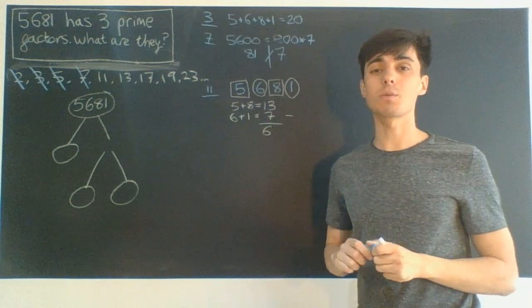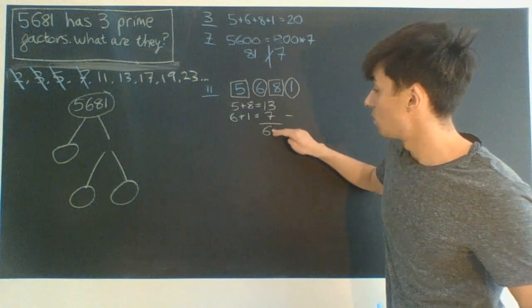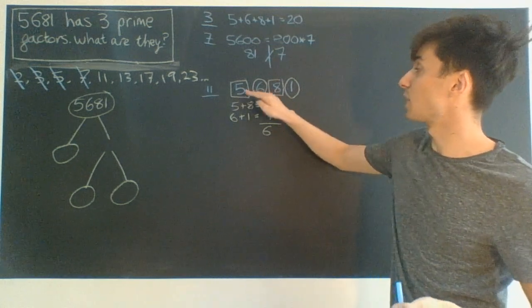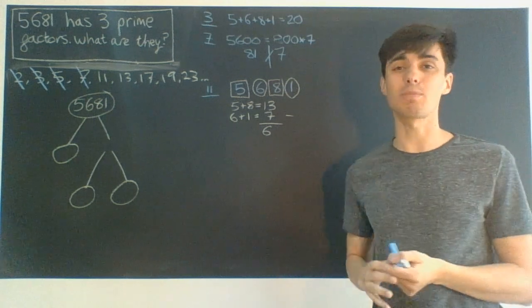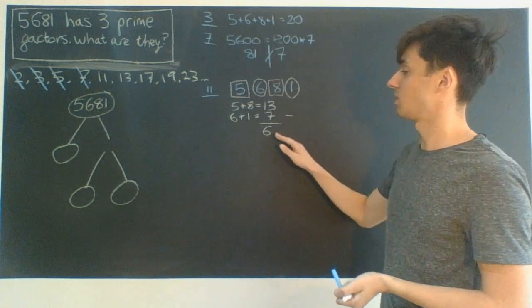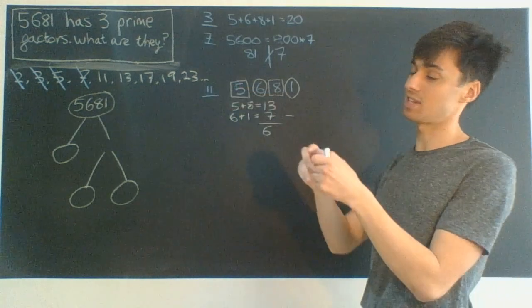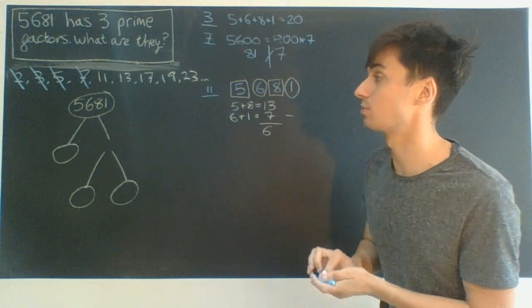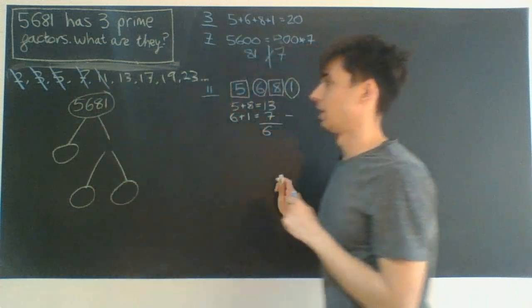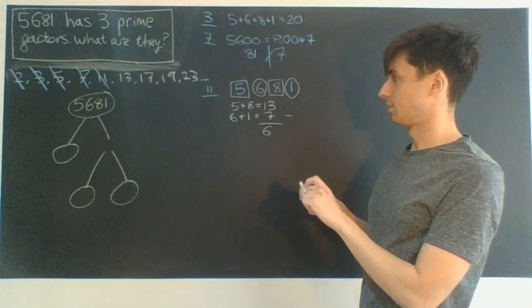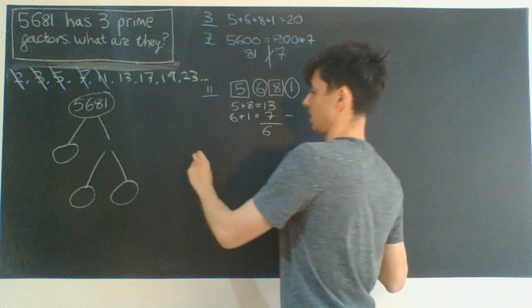If a number is divisible by 11, the difference between the sums of the odd and the even digits will either be 0 or itself be a multiple of 11. This is not either of those, so 11 is definitely not a divisor of 5,681. Next we can try 13. So let's have a look for 13.